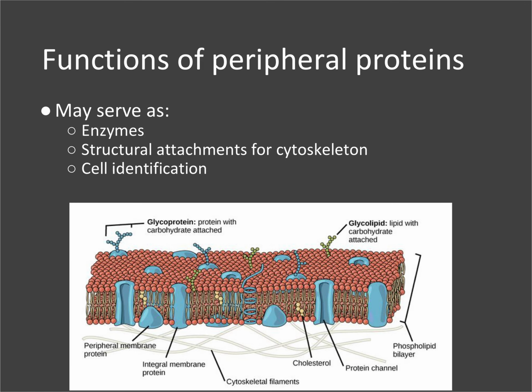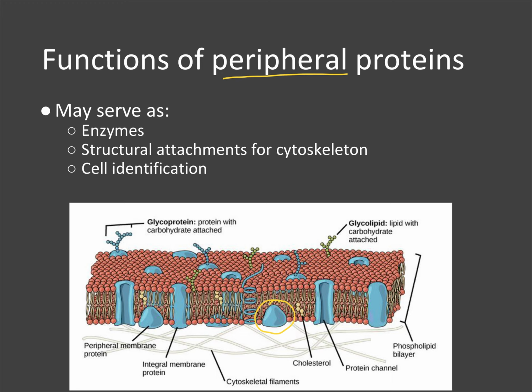Peripheral proteins are ones that are only found on either the outside of the cell membrane or the inside of the cell membrane, but they don't cross the entire phospholipid bilayer like the integral proteins do. For example, you can see this protein down here is only touching one side of the cell membrane.